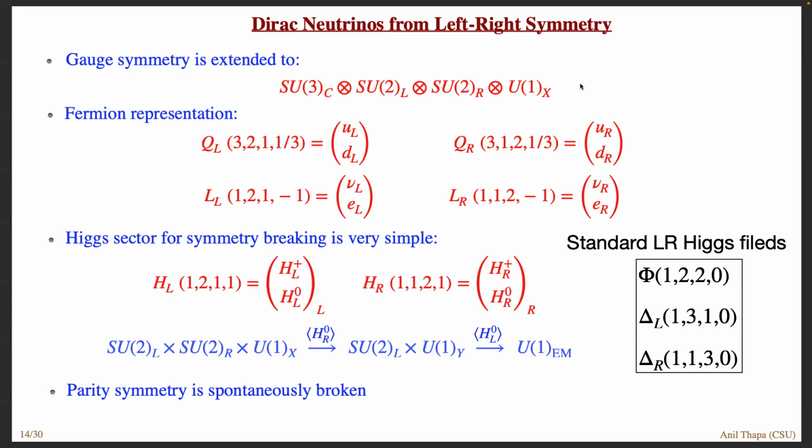You just need to introduce a scale at whatever scale you want. Of course, in this theory, as I was telling you, the WR mass is not constrained, so it can be anywhere from 10 TeV, from phenomenology, all the way to the GUT scale.